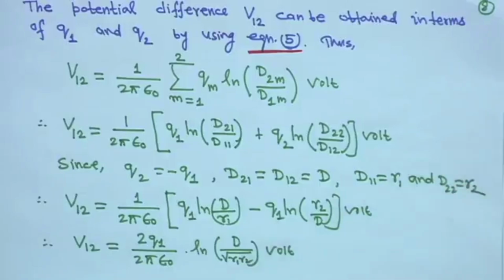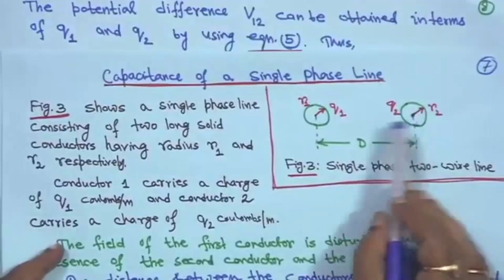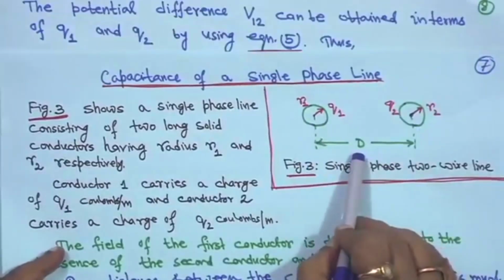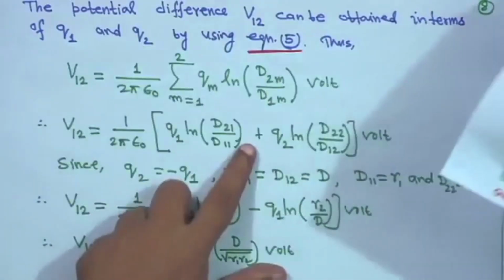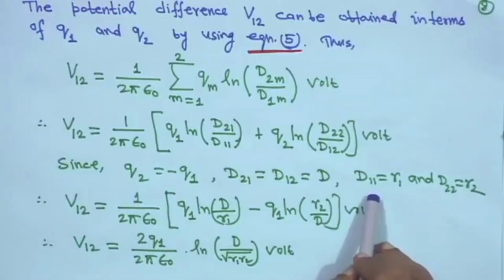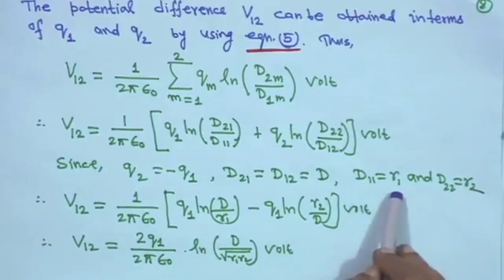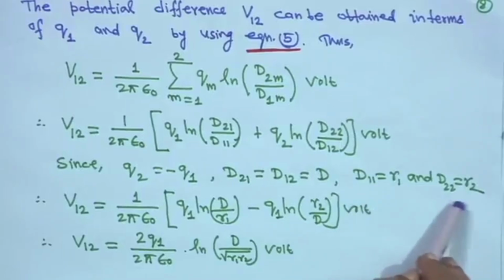So, the distance between them is d, but this is a generalized formula, after that we replace this. And I told you that if i is equal to m, then dmm is equal to r.